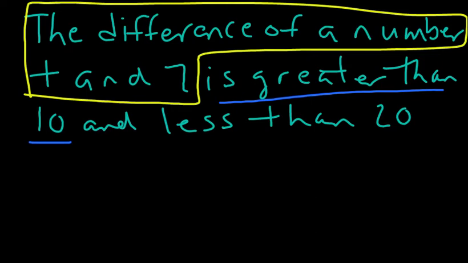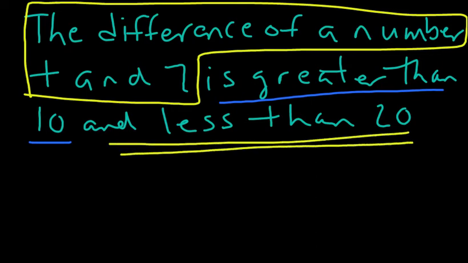And less than 20 is another part. Now remember, this is the one that's going to have the first part in the middle, and there's going to be a sign on each side, and then the 10 and the 20.